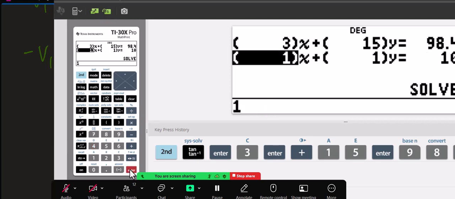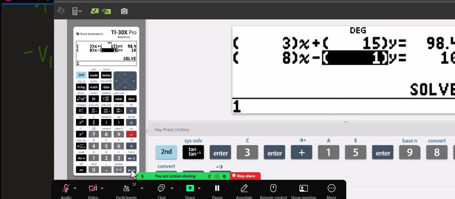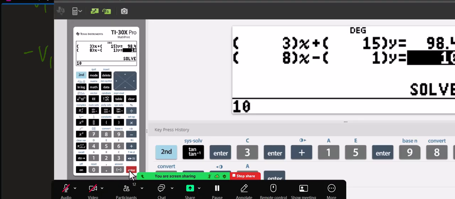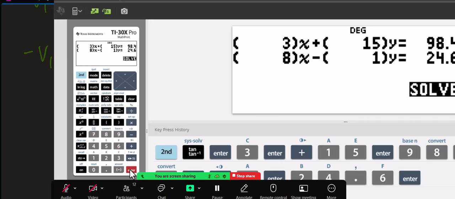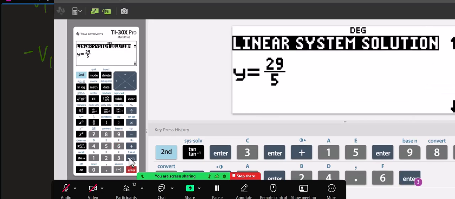And 8, minus 1, is 24.6. Solve. And I get 5.8 for y and 3.8 for x. And x was v1, so 3.8 for v1 and 5.8 for v2.